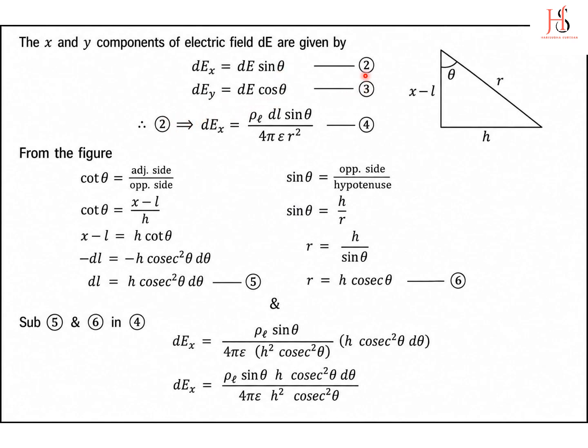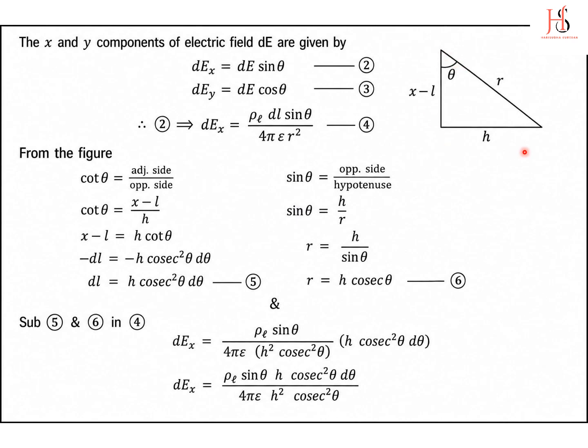Therefore, equation 2 can be written by replacing dE with equation 1: dEx is equal to rho L dl divided by 4 pi epsilon R square into sin theta.